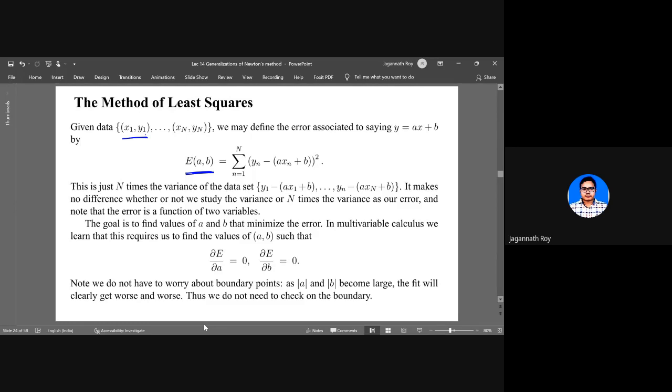First we will discuss the one variable case, then we will go for two variables and other variables. So this is one variable plus linear.